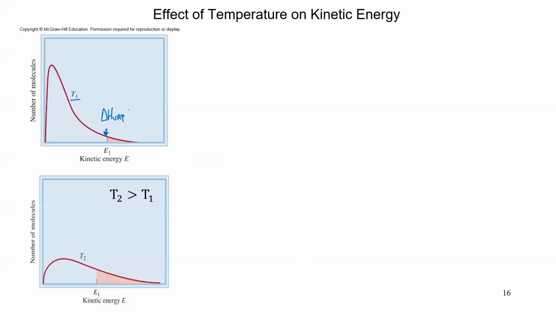Right? And so if we're at a relatively low temperature, pull out our calculus tools, we know that this area under the curve is pretty small. And so there's a small fraction of molecules that actually have enough energy to go from the liquid phase to the gas phase. And again, I know that because that's the area under the curve.